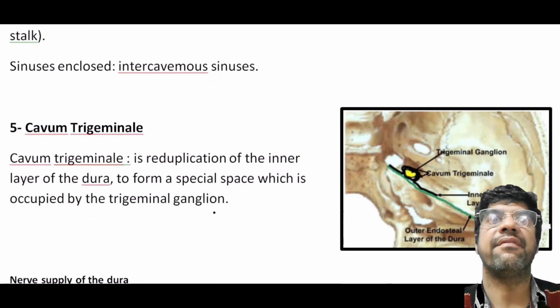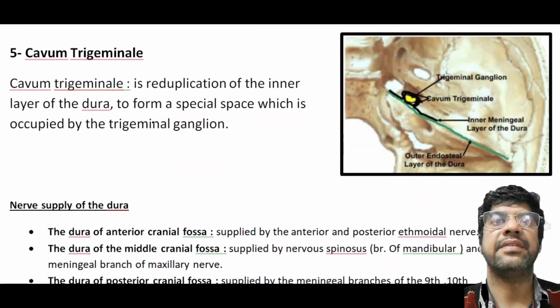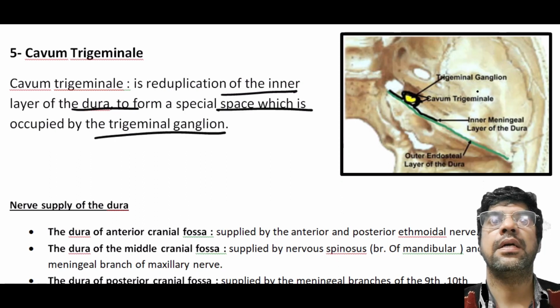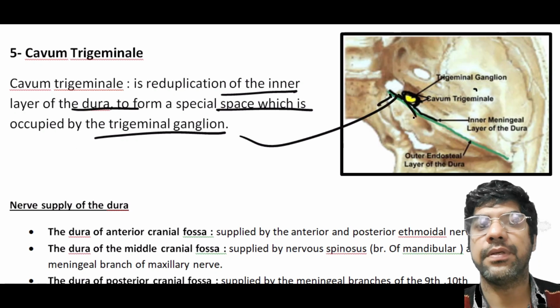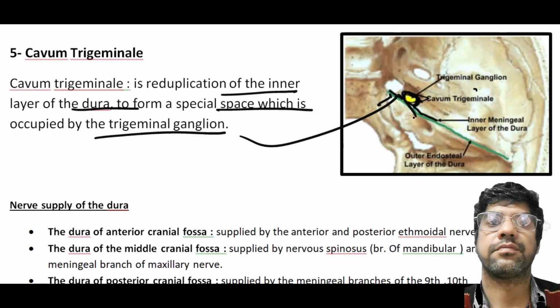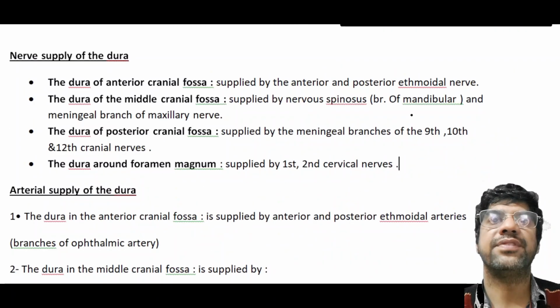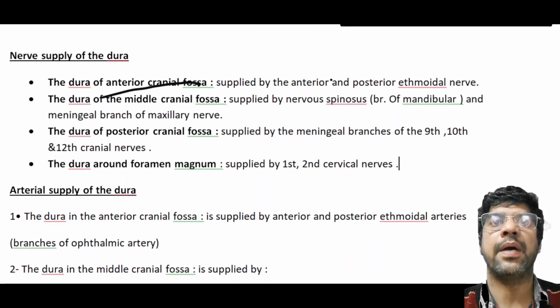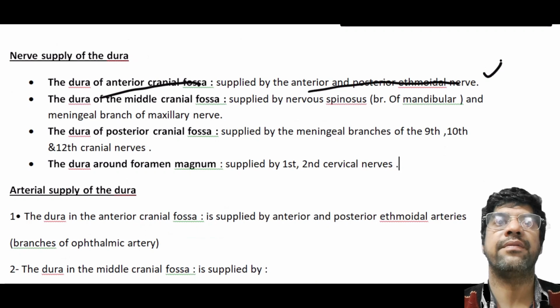The fifth is the cavum trigeminale. It is a reduplication of the inner layer of dura forming a space that is occupied by the trigeminal ganglion. Now what is the nerve supply of the dura? The dura of the anterior cranial fossa is supplied by the anterior and posterior ethmoidal nerves.